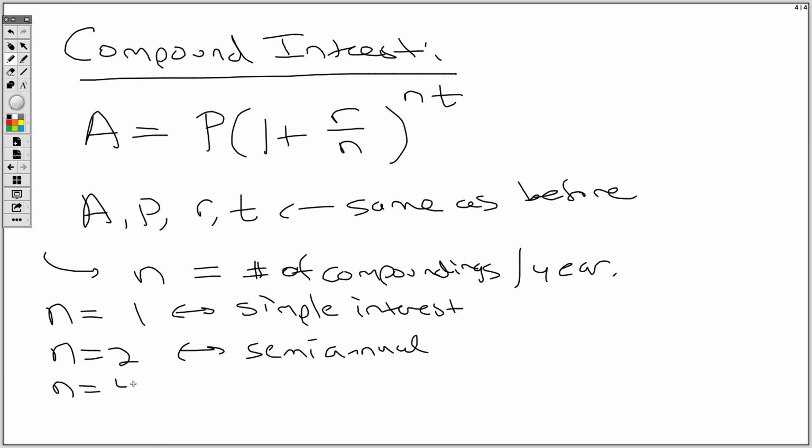If N equals 4, that's quarterly. If N equals 12, that's monthly. All right. Now, monthly, usually you're going to see monthly in terms of interest when it's talking about a loan to you. So if you take out a car loan or a house loan or something like that, they compound the interest monthly on the debt that you owe.